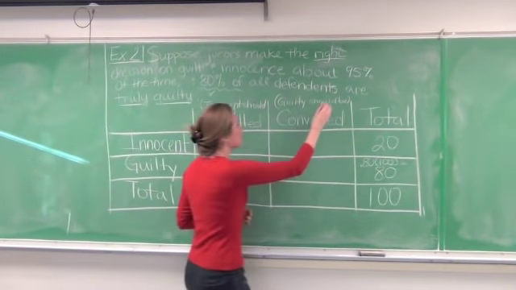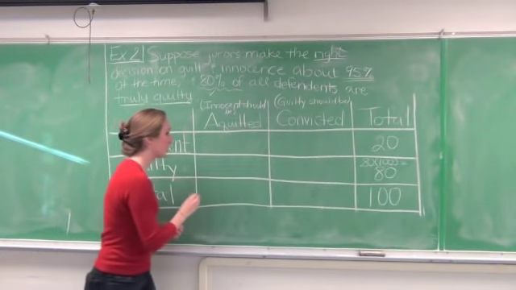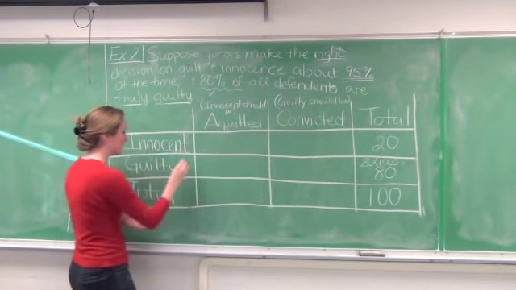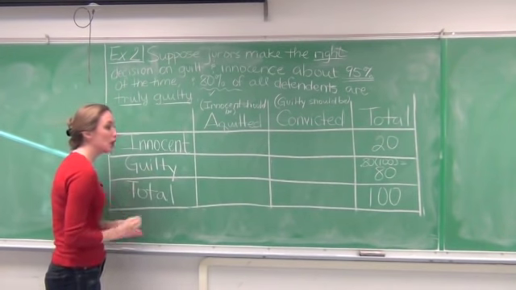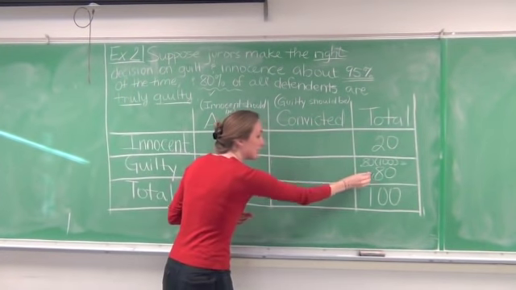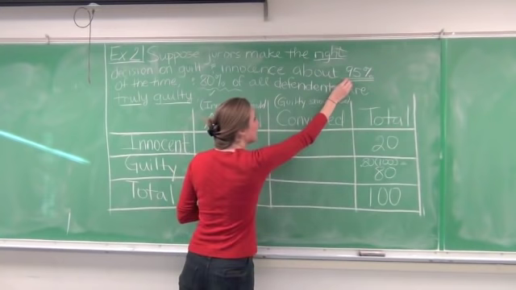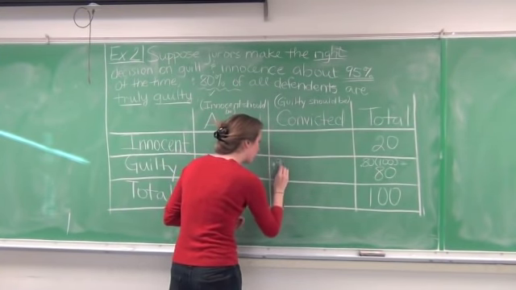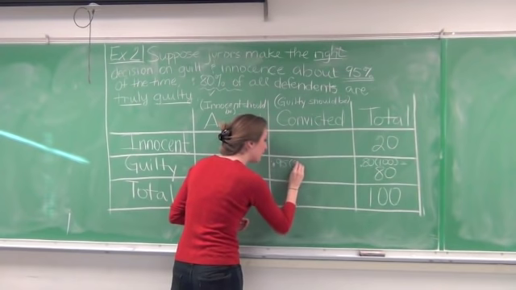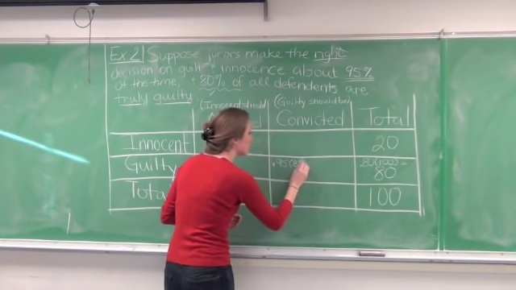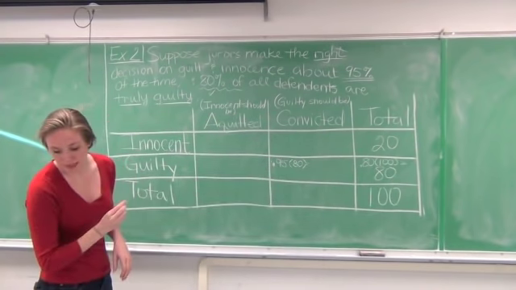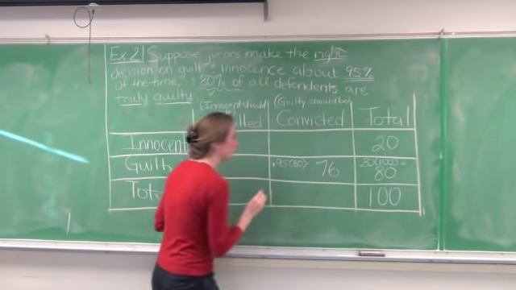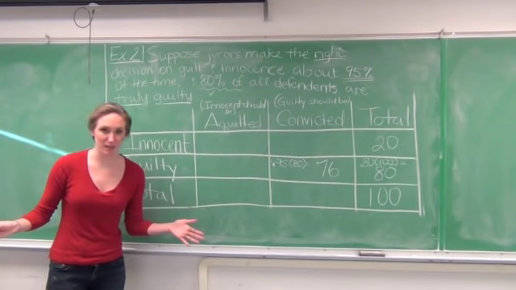So if we have 80 guilty individuals and 95% of them are going to be convicted, we can say that 0.95 of the 80 are going to be convicted. And that's going to give us 76. So we have 76 guilty people who were sent behind bars.